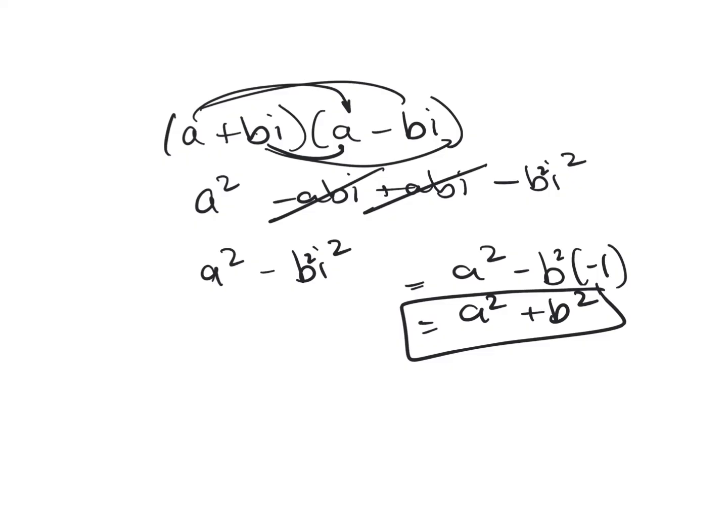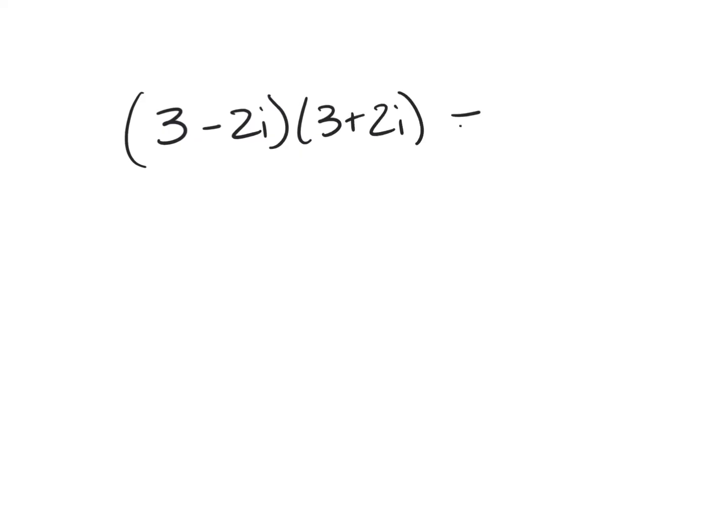So let's do an example. If I take 3 minus 2i, what is my conjugate? 3 plus 2i. I will work it out. So the short way would say, take the first thing squared, 3, it's 9, and add it to the last thing squared.